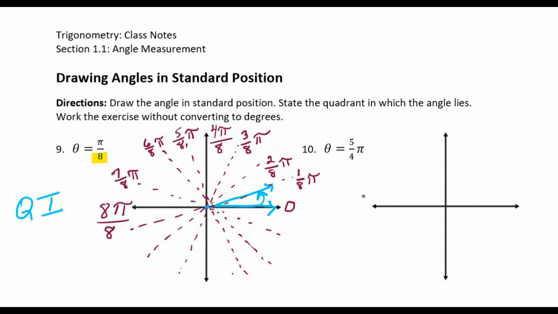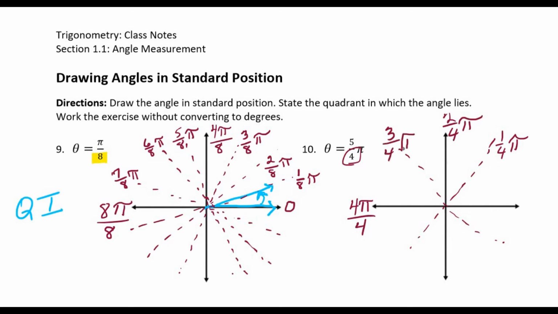Okay, problem 10. Again, we're going to start off by labeling this as pi. Look at my denominator. I have 4, so I'm going to label this as 4/4 pi. I'm going to divide this top part of my coordinate grid into fourths. So I have 1/4 pi, 2/4 pi, 3/4 pi, and 4/4 pi, and then 5/4 pi is down here in quadrant 3.